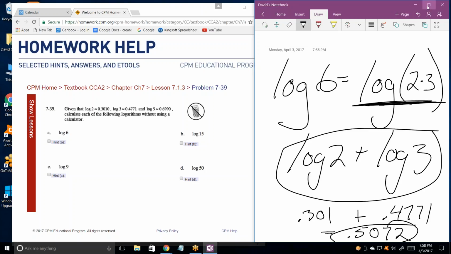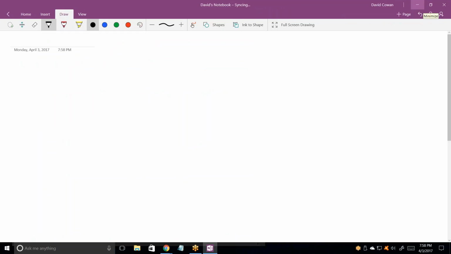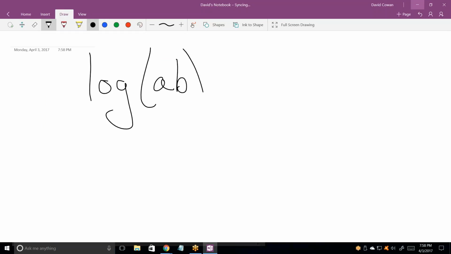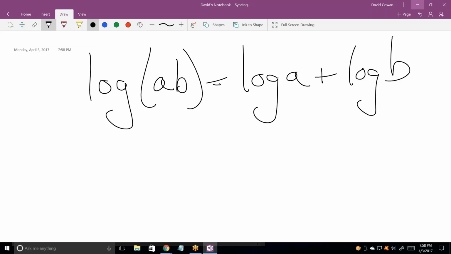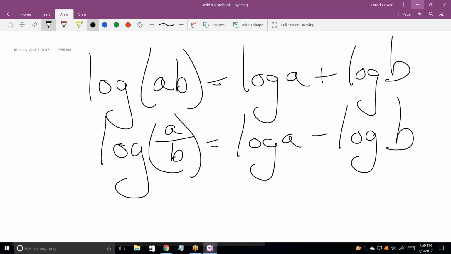Let me just go over the 3 primary rules for logs in the last 2 minutes here. The log of two numbers being multiplied together is the log of the first number plus the log of the second number. The log of two numbers being divided, like that, is the log of the numerator minus the log of the denominator.